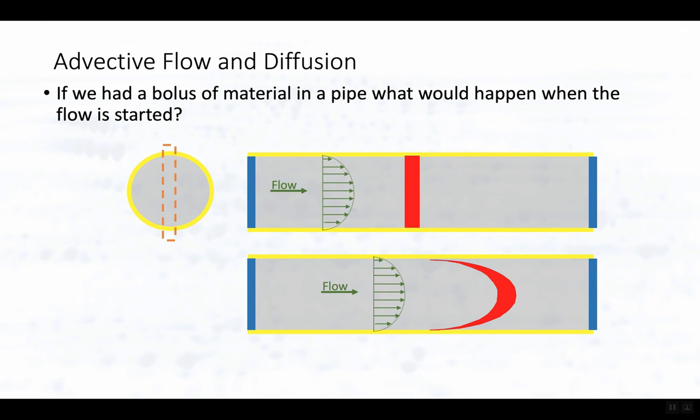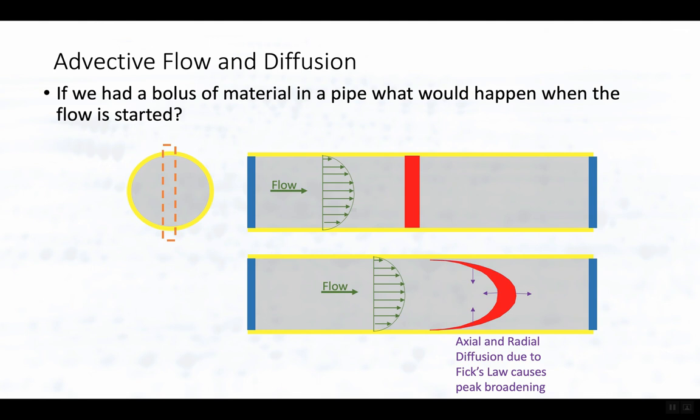Now there's something else going on in that pipe, and that is diffusion. So we have diffusion from the bolus, as the bolus is distorted from the center to the wall. So there's radial diffusion, but there's also axial diffusion.